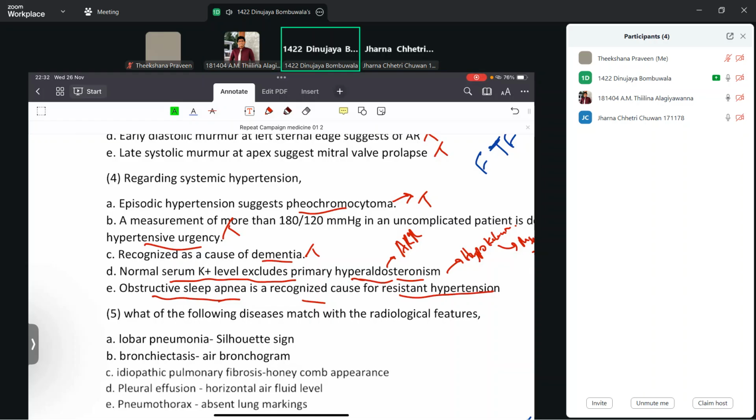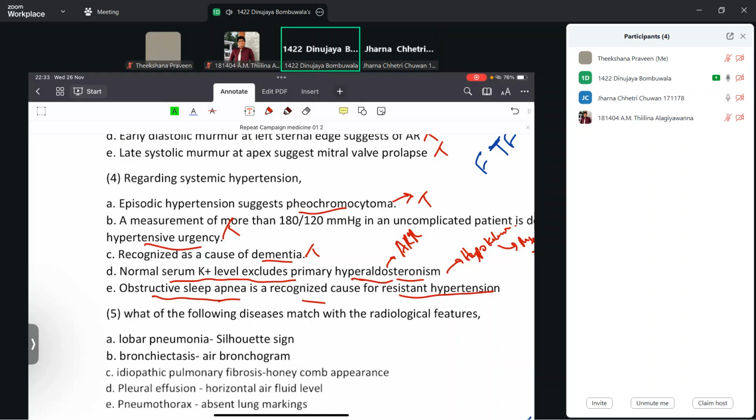Pleural effusion, horizontal airflow level. True. False. Pneumothorax, absent lung markings. Don't know about this.